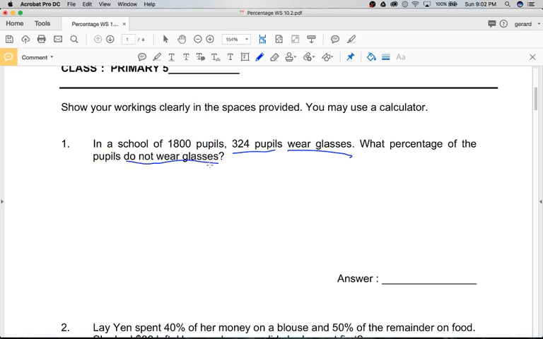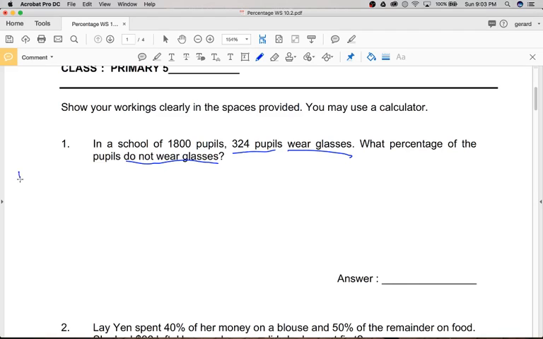Or, second way, we can straight away take 1,800 minus 324 to find the number of pupils who do not wear glasses and work immediately from there. But usually I prefer to work with smaller numbers, because it's not so complicated.